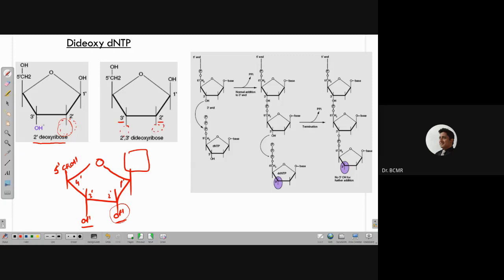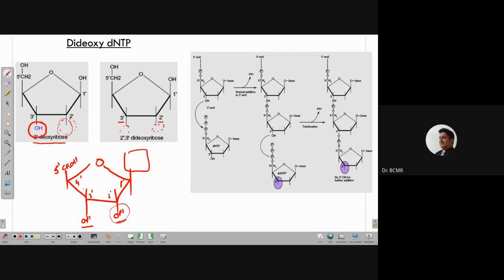So I hope you remember that 3' OH is very important, or is essential, for all nucleotide polymerization, be it in transcription, replication, or even using terminal transferase. Anytime a nucleotide is added in biological systems, okay, chemically many things can be done in the lab, in vitro. That's a different issue.